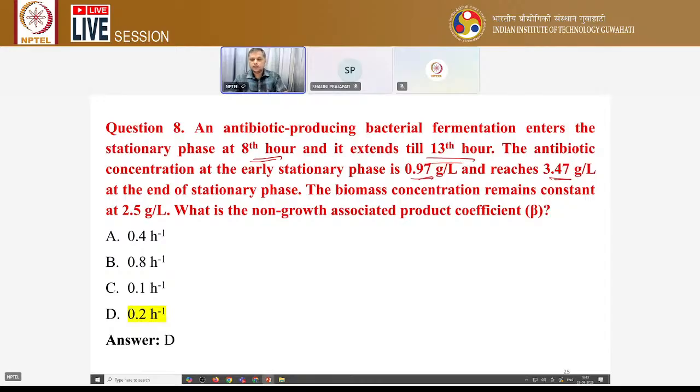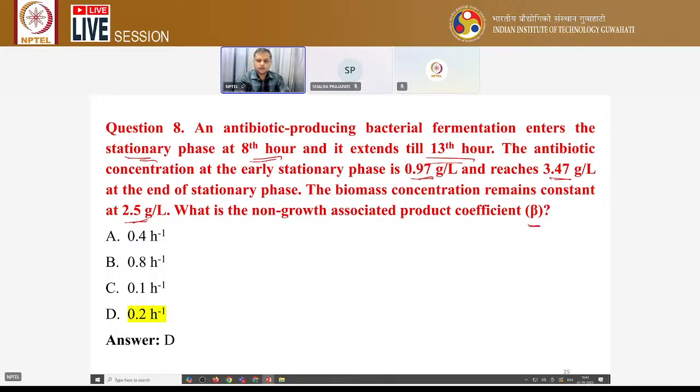So again, it is a non-growth associated product, because the production is taking place during the secondary phase. You can say it is a secondary metabolite, and biomass concentration remains constant at 2.5 because it is the stationary phase. What is the non-growth associated product coefficient beta?